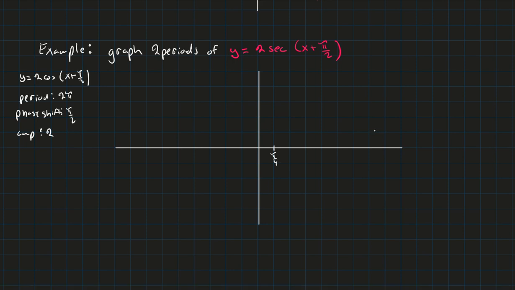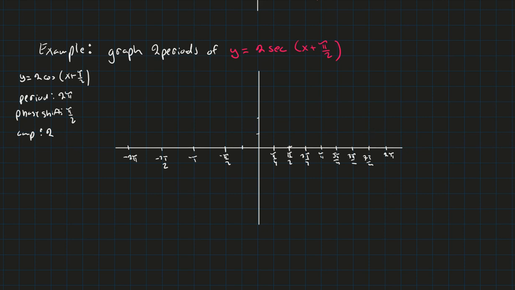Pi over 4, pi over 2, 3 pi over 4, pi, 5 pi over 4, 3 pi over 2, 7 pi over 4, and then 2 pi, negative pi over 2, negative pi, negative 2 pi.